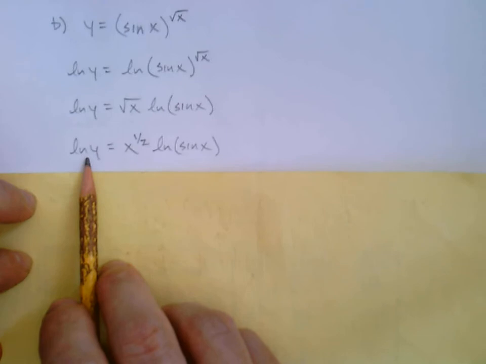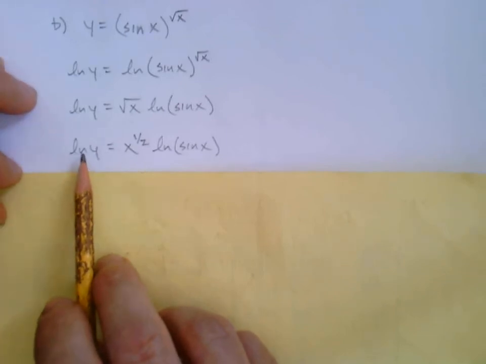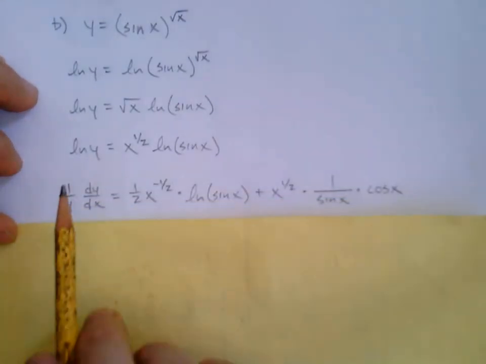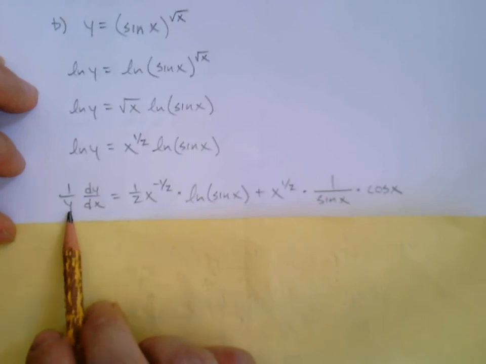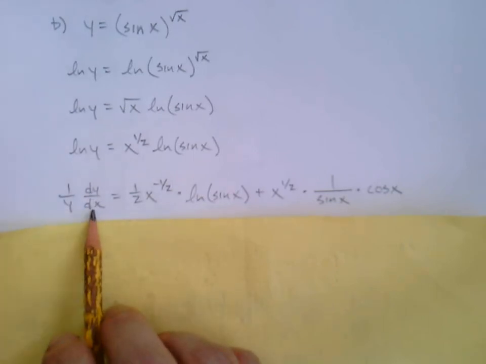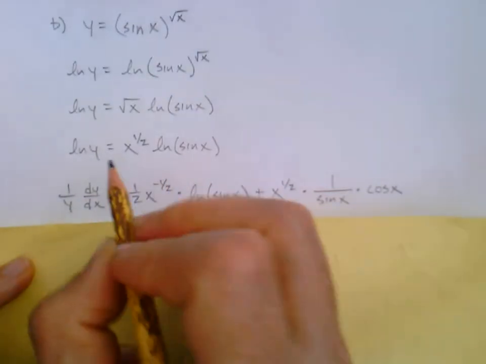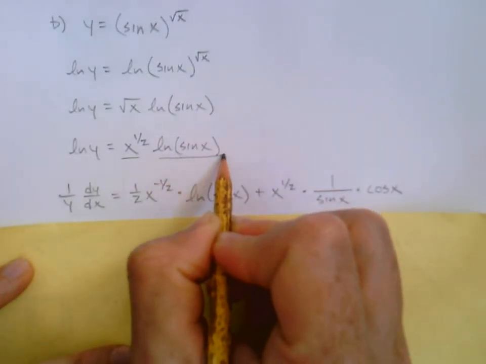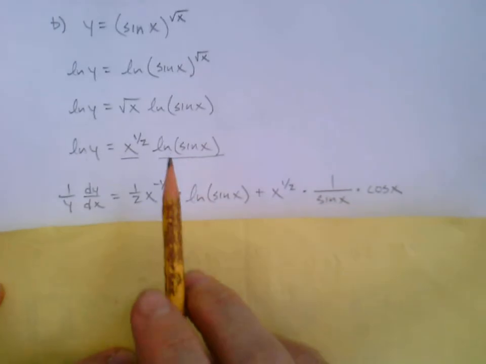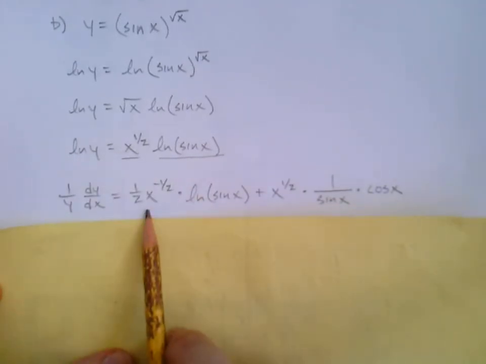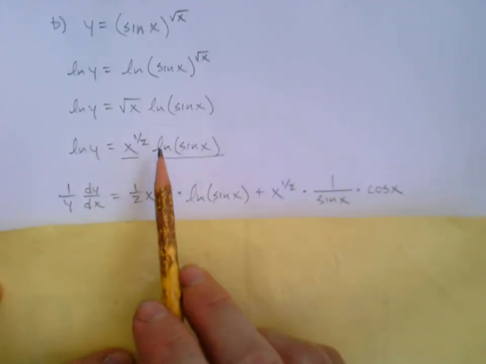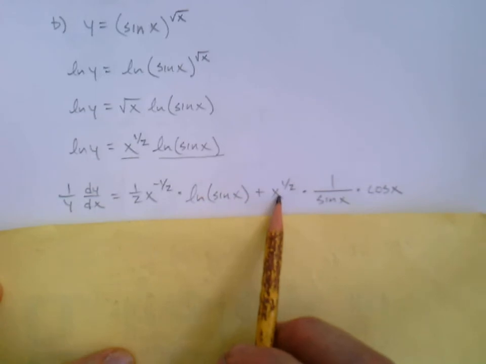Notice on the left, it's always natural log y. So when you take this derivative, it's always going to be 1 over y times dy over dx. And on the right side, it's always going to be this product for a product rule. So we've got the derivative here times that plus this one.